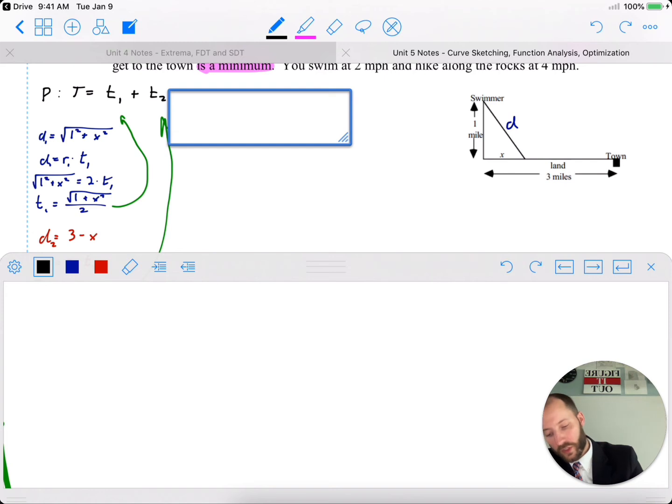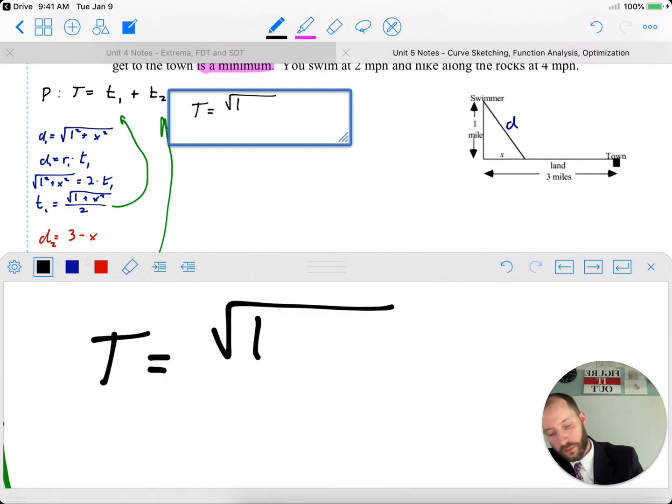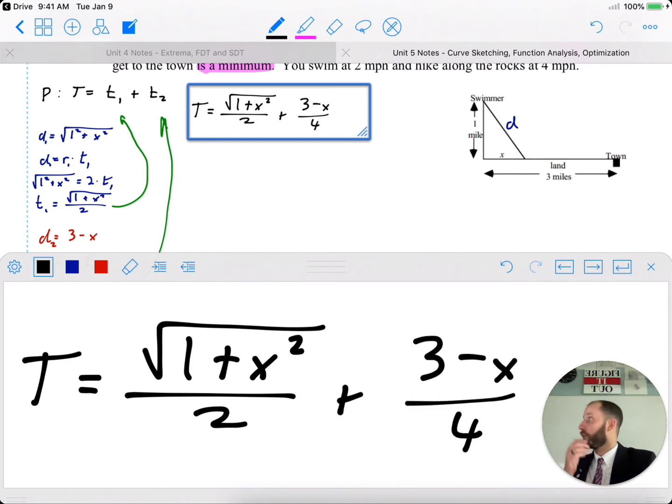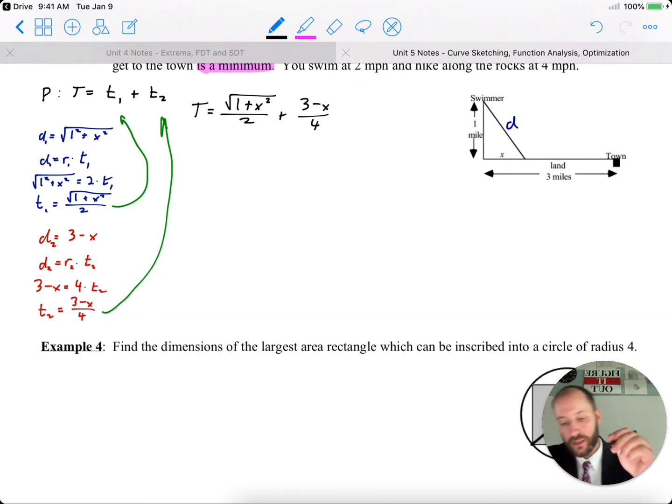So our total time is root 1 plus x squared all over 2 plus 3 minus x all over 4. Then go ahead, take the derivative, set it to 0, solve, and find your x value, how far on the shoreline you want to swim.